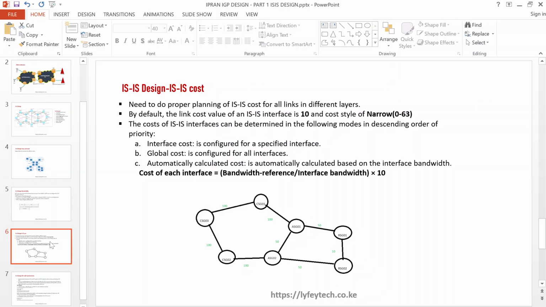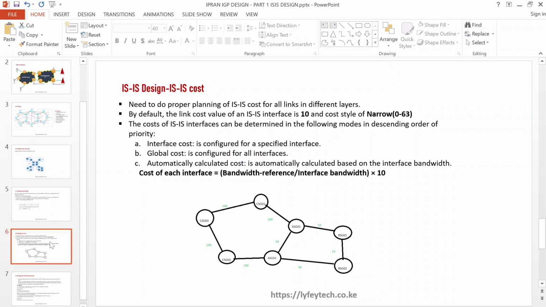So by default, the link cost value of ISIS interface is 10. So it means if you don't configure any cost, the default value for all the links will be 10. And the cost style is narrow. Remember, ISIS supports 2 types of cost. We have the narrow, which ranges from 0 to 63, and then we have wide.